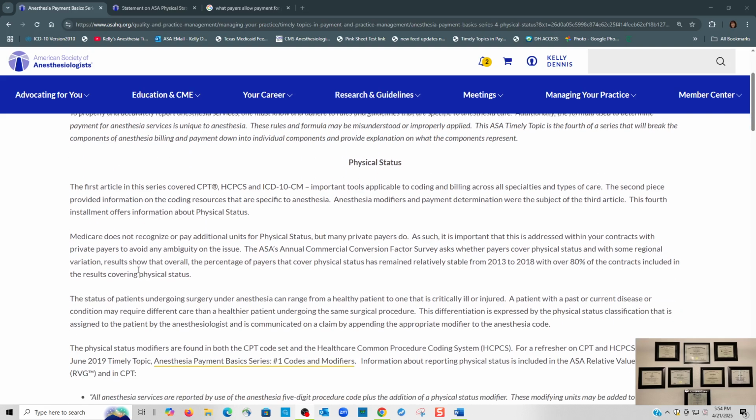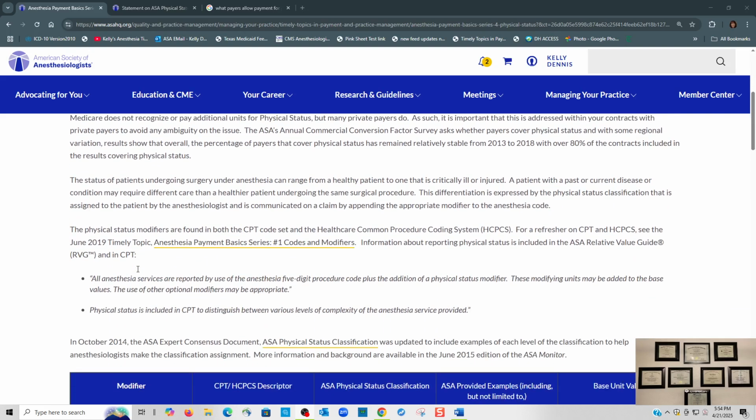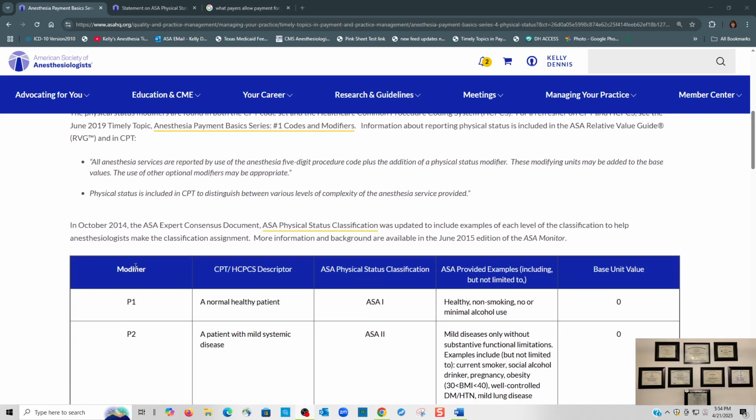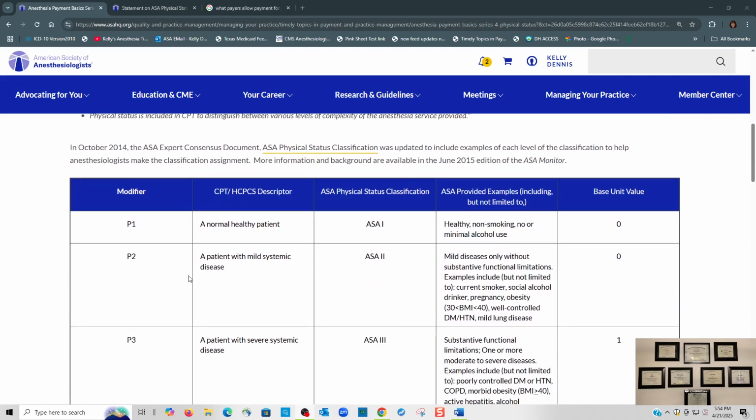It talks about Medicare not paying for them and gives something that is very helpful to those of you who might be new, and that's which of these are even payable and why.